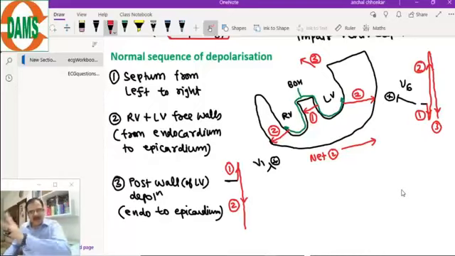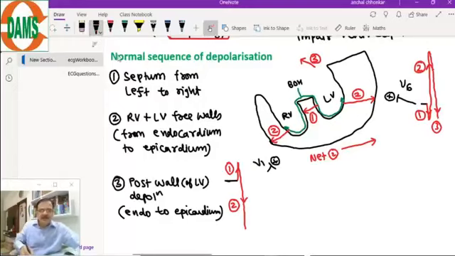The apex will come in the number 2 event only. So the number 3rd event in V6 will be a negative one. It is going away because it is endo to epicardium. Visualize this surface: the tail of number 3rd is the endocardium of the posterior wall, and the arrowhead is the epicardial surface of the posterior wall. So it is going away from V6.